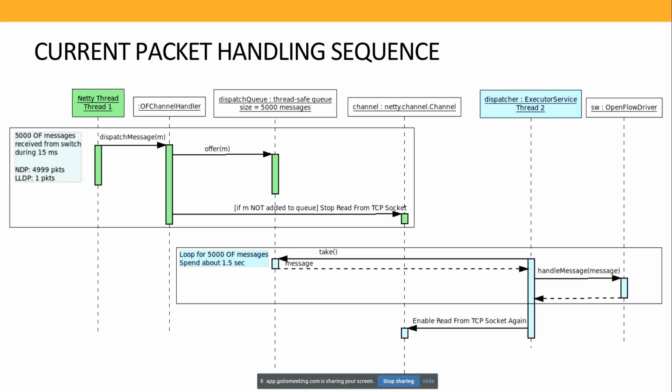Okay. Yeah. So I think we've done several patches very recently to offload the NDP packet processing to multiple threads. I'm not sure if you were testing with or without those patches.